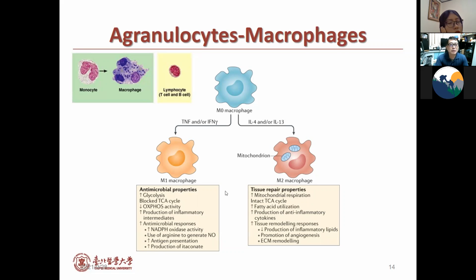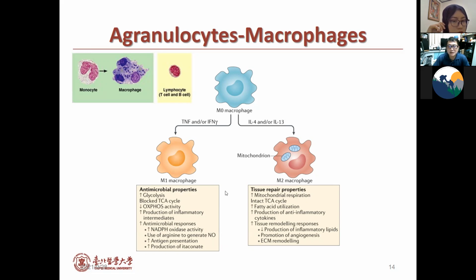They are going to differentiate into the M1 macrophage. If they receive IL-4, IL-13, they are going to turn into another subset. We call it the M2 macrophage.